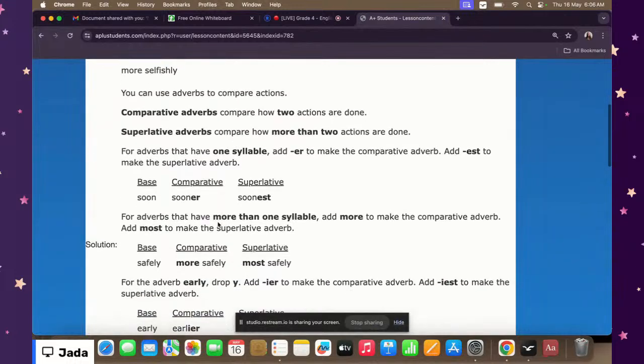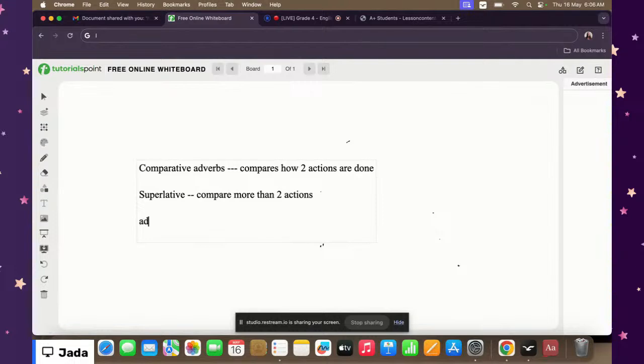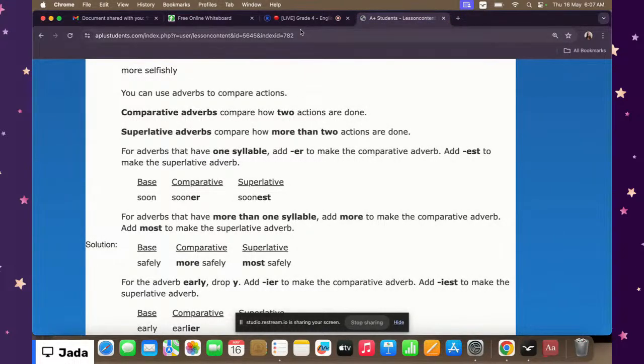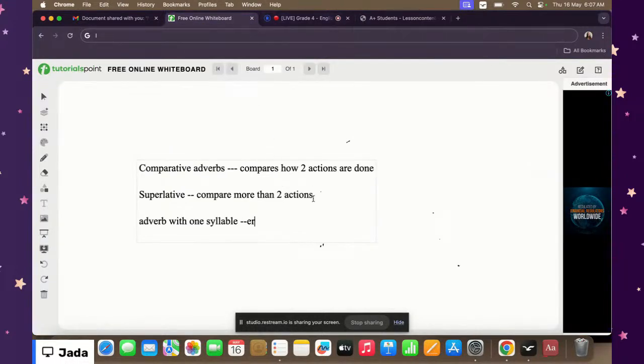For adverbs that have one syllable, add er to them to make the comparative adverb. Add est to make the superlative adverb. So if it is an adverb with one syllable, you add er to make it comparative.